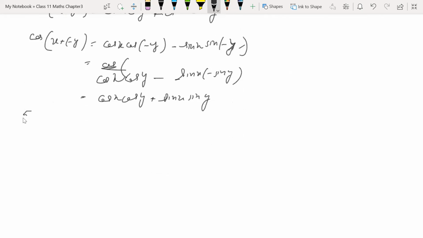Identity number 5, you have to learn these also. Cos of pi by 2 minus x is equal to sin x.